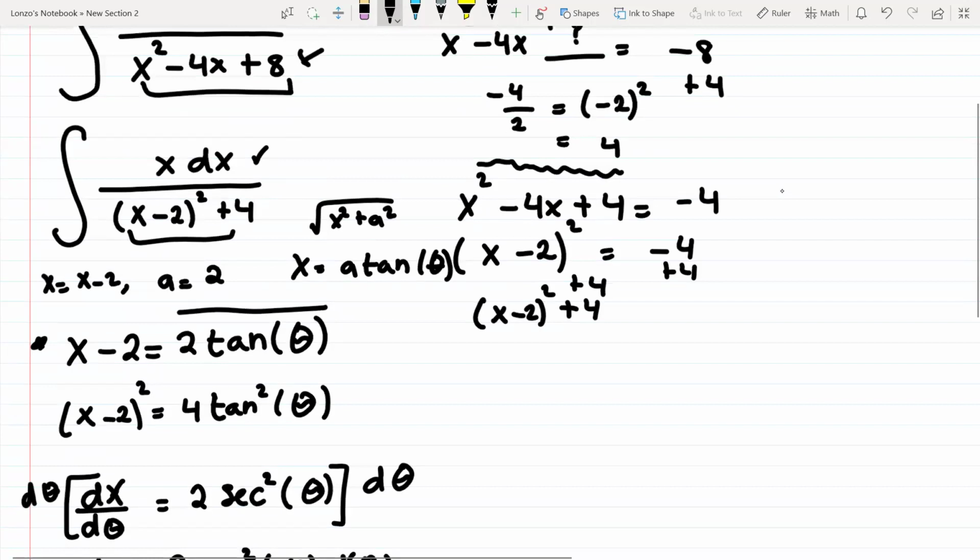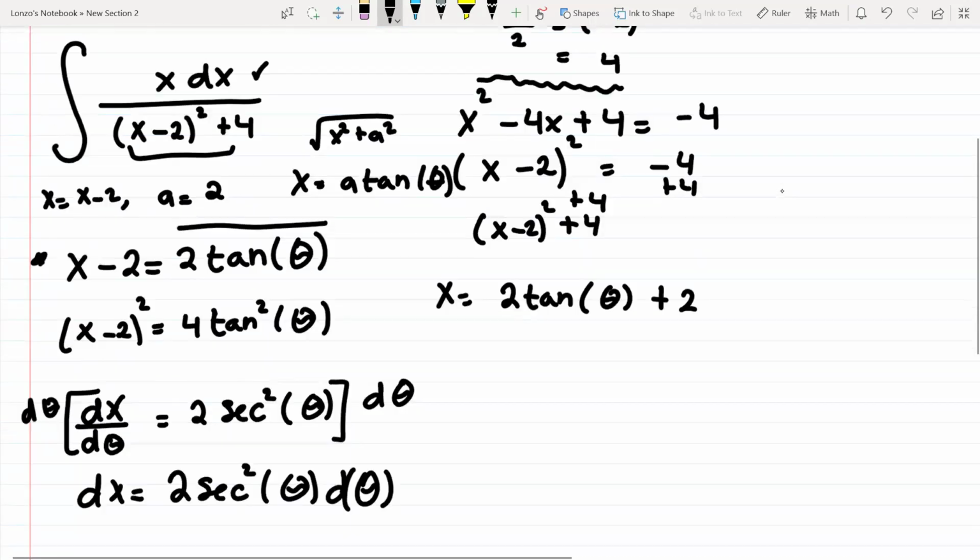Now we have everything we need. We can replace x, but we don't know what x is. Well, we know that x minus 2 equals 2 tan theta, so regular x would be 2 tan theta plus 2.